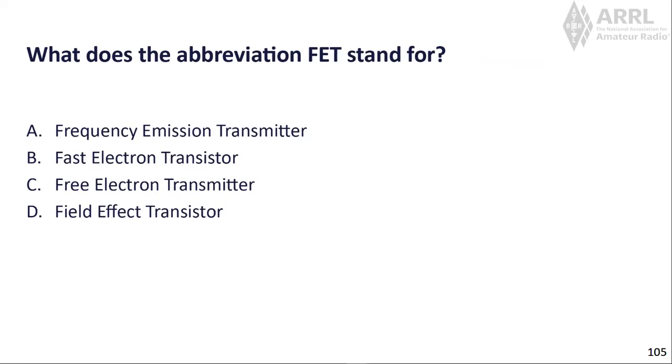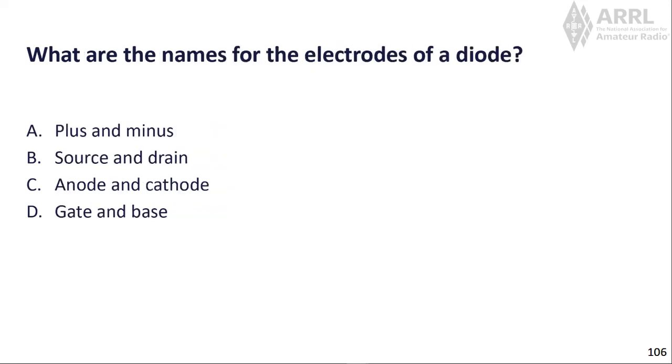What does the abbreviation FET stand for? That would be answer D, a field effect transistor. What are the names for the electrodes of a diode? Just discussed that a minute ago. That would be the anode and the cathode.